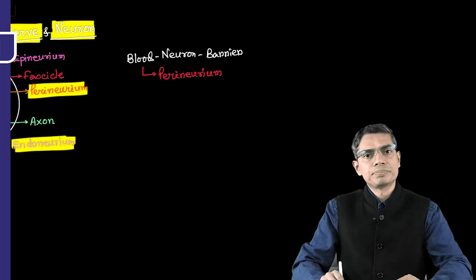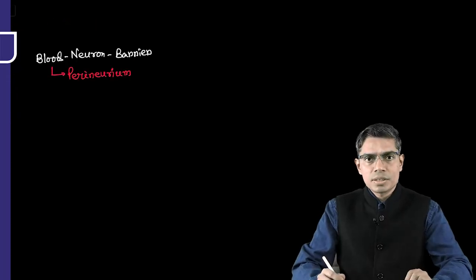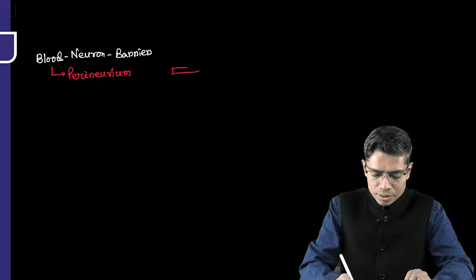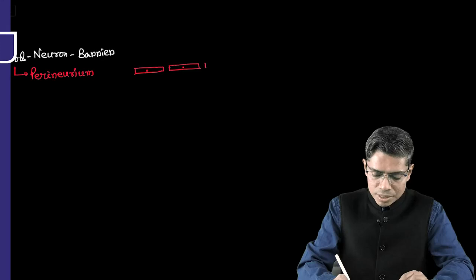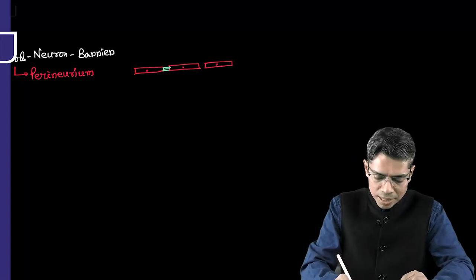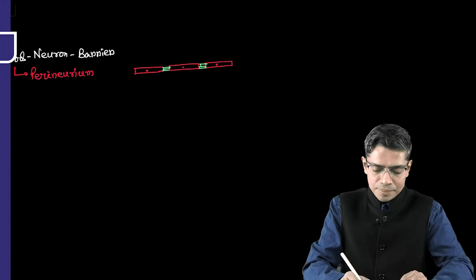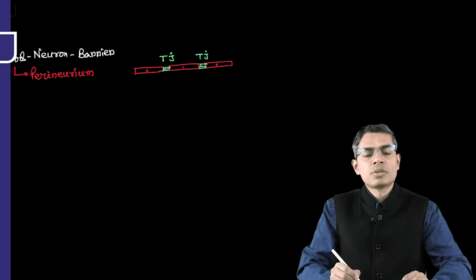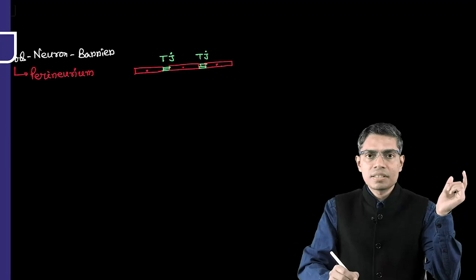So why not endoneurium? Why perineurium? If you look at the perineurium structure, you will find that perineurium consists of connective tissue cells. Now you know that in between these connective tissue cells, the minimum gap which is present will be bridged by one junction that is known as tight junction. Tight junction we have discussed in general physiology.